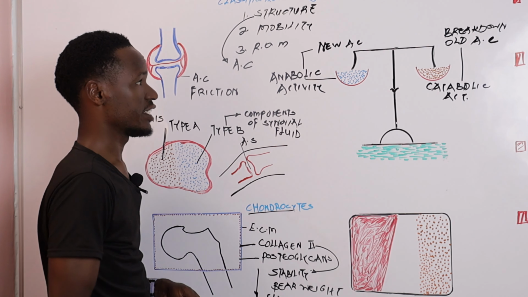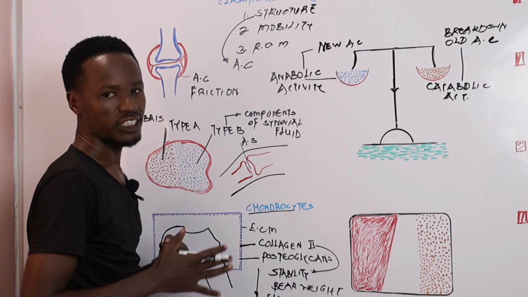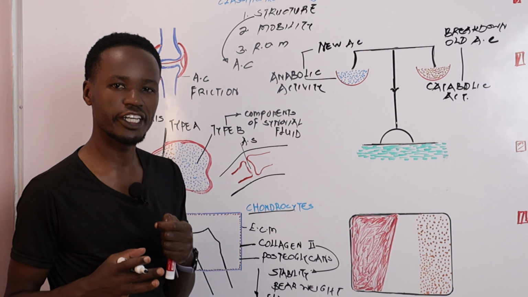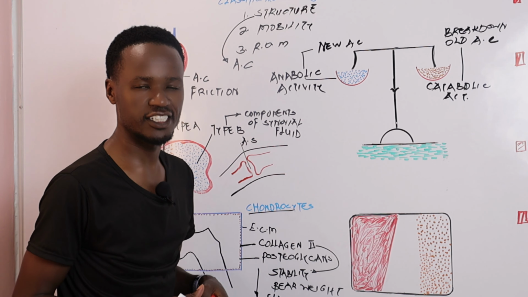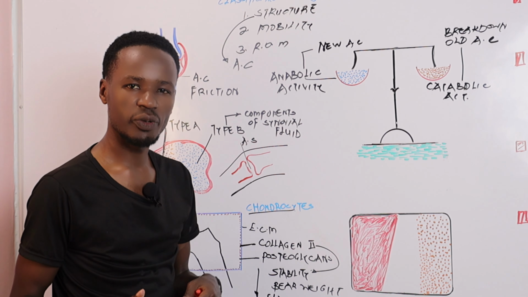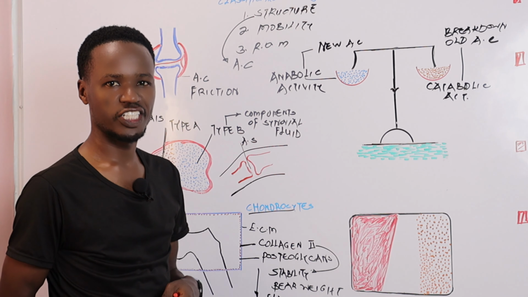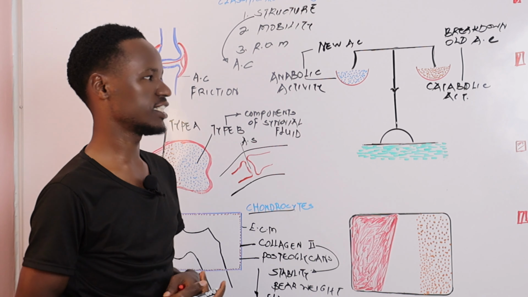And that is to mean that the chondrocytes work in making sure that the articular cartilage is in good shape by doing away with old articular cartilage and formation of new articular cartilage.